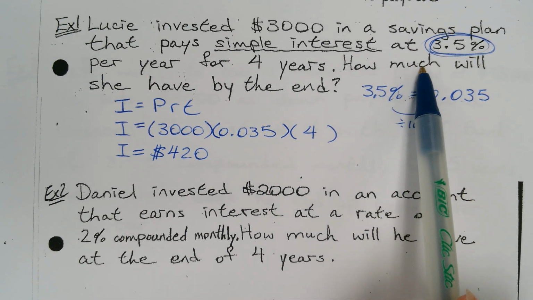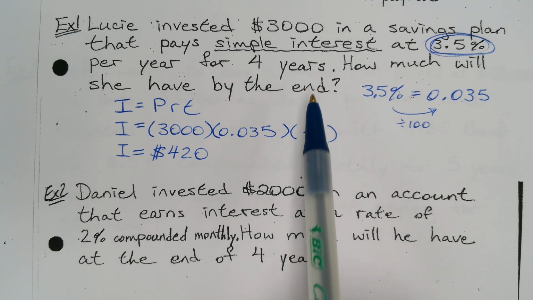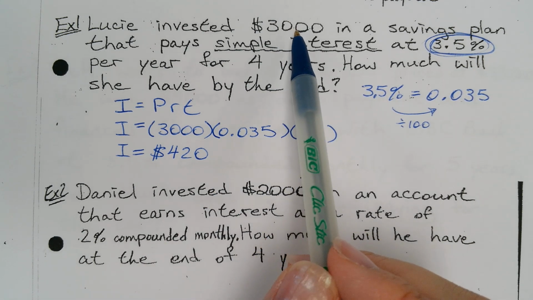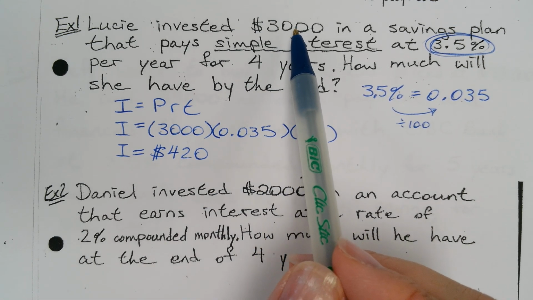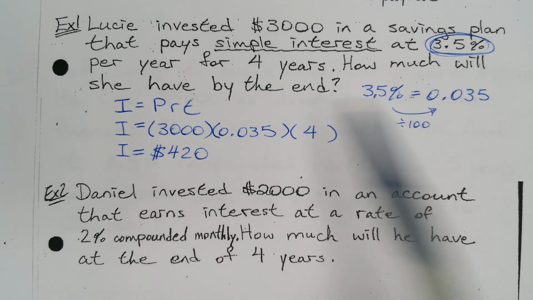So, have I answered the question? No, because my question was how much will she have by the end of the 4 years? If I say at the end of 4 years she will have $420 in her account, that sounds wrong because she started off with 3,000. How did she get less? So what do you have to do with these two numbers?